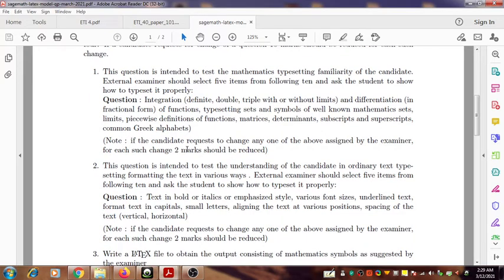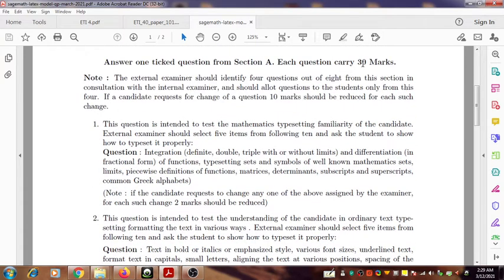You should note that if the candidate requests a change of any question, then the examiner will reduce your mark by 2. There are 30 marks for a question. You have the right to ask for a change of the question, but for each change 2 marks will be reduced.